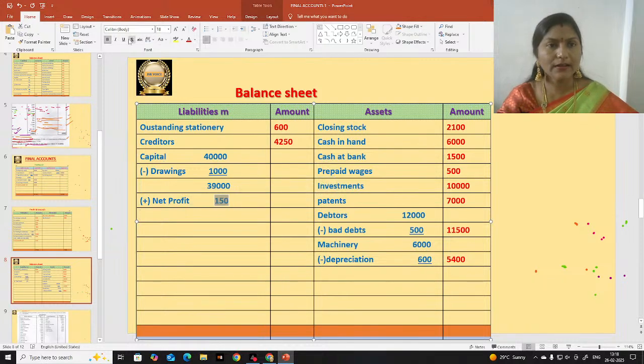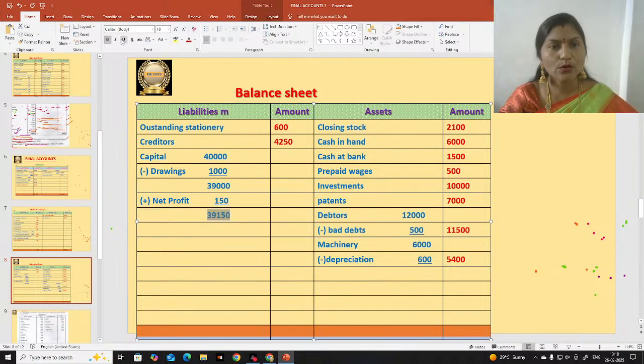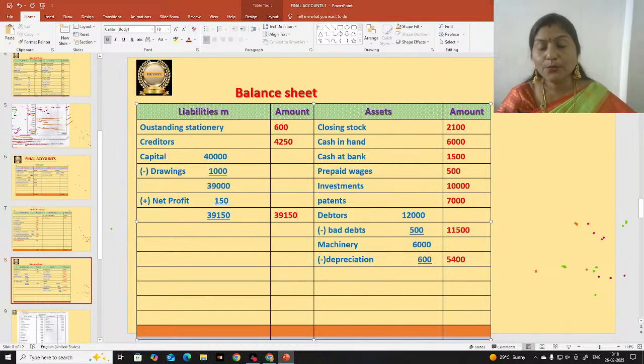If you add, you will get 39,150. You can write here inside if you want, because we have space. We get 39,150 here if you add. So that we can record in the amount column, 39,150.